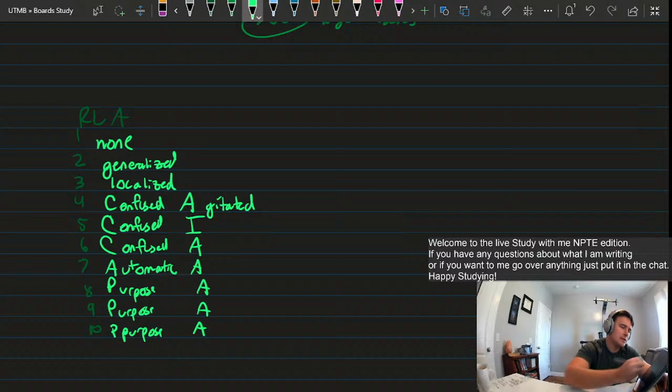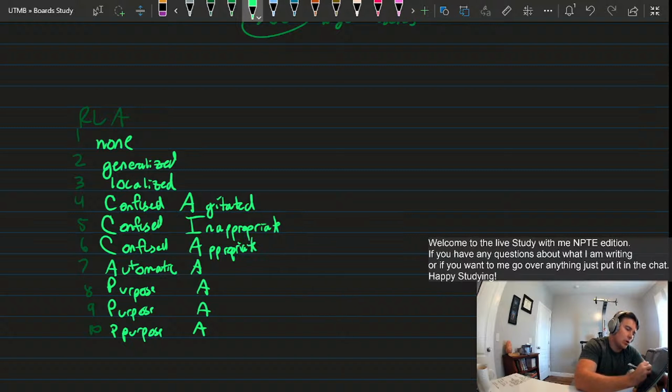It kind of repeats itself. So this is inappropriate. And this is confused and appropriate. And then purposeful, appropriate, and these are all appropriates here, right? It's 1, 2, 3, 4. Yep. So these are all appropriates here. Minimal confusion. This is wrong.